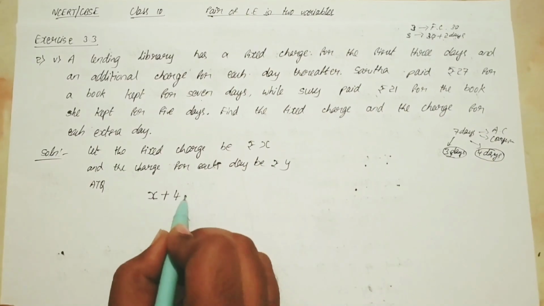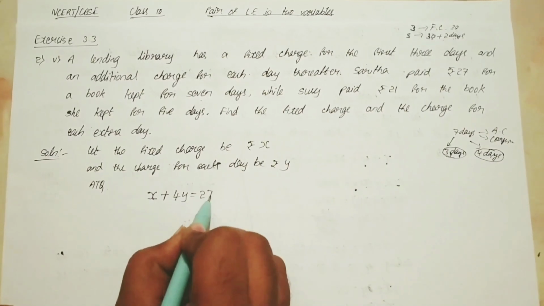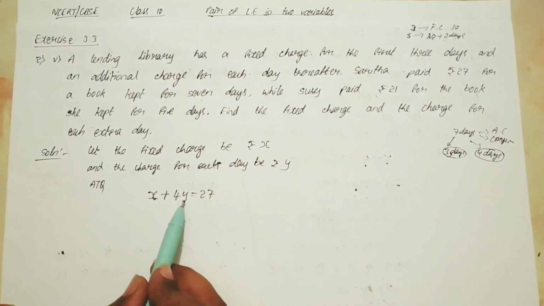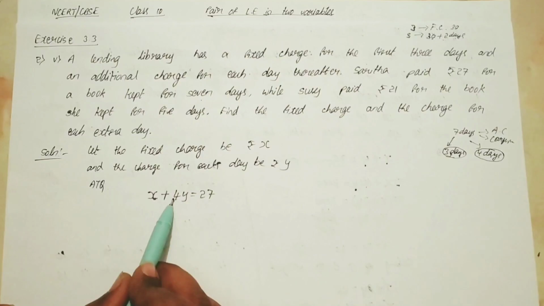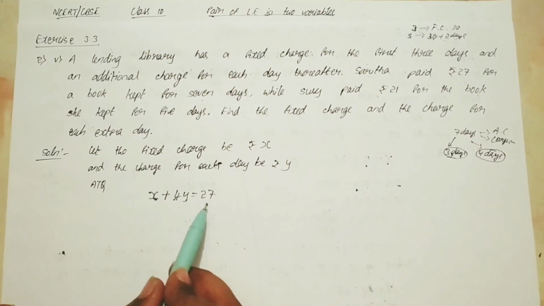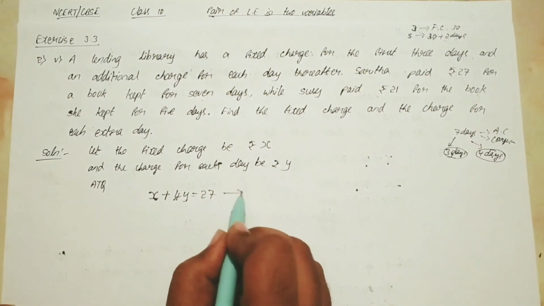So x plus 4y is equal to 27. Can I write it like this? So this x is the fixed charge and additional charge for 4 days. Total 7 days she kept; the fixed charge is for the first 3 days, and the remaining days are 4, right? So in total it is 27 rupees. So this is our first equation.